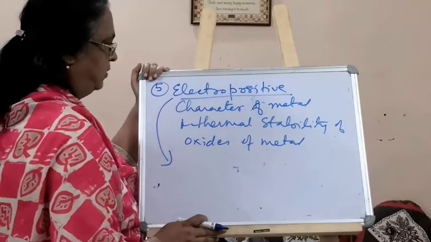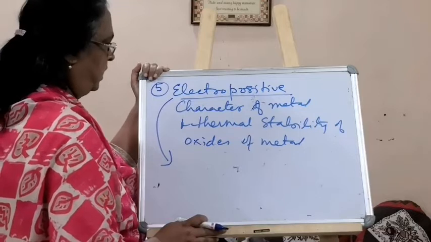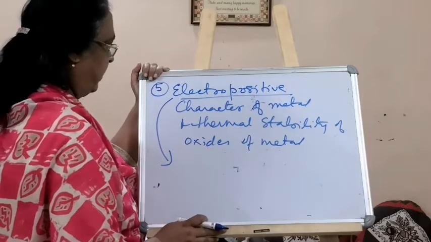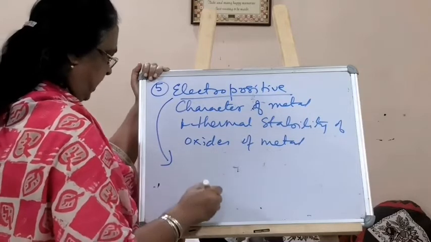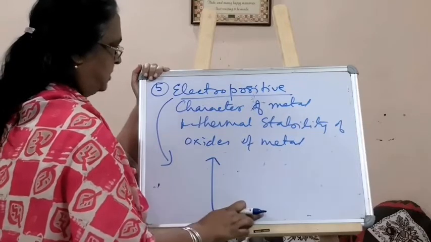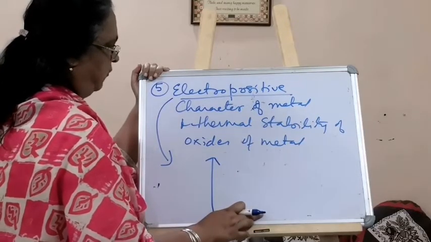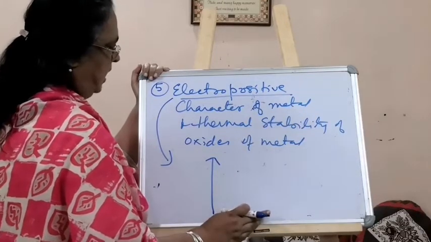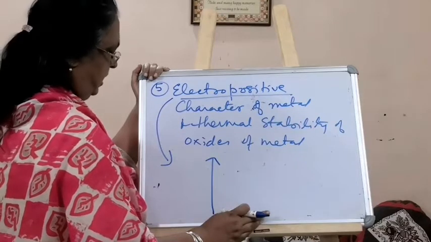So the more quickly they lose electrons, the more quickly they will form positive ions, which you have studied earlier already. And you know that when we move from bottom to top, the electron losing tendency of a metal increases, and therefore its electropositive behavior increases.